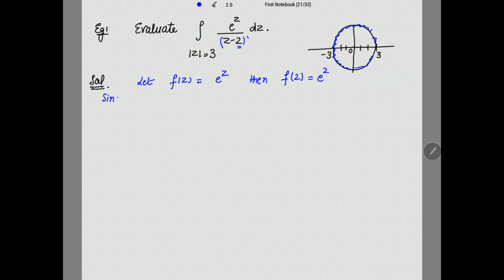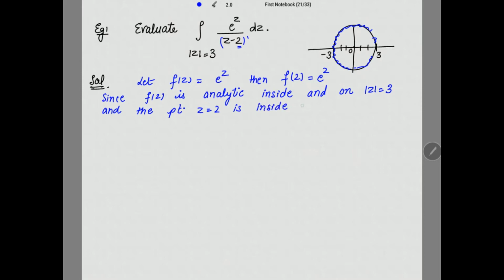So since f(z) is analytic inside and on mod z is equal to 3, and the point z is equal to 2 is inside mod z is equal to 3, by Cauchy's first integral formula we have integral over, what is our c contour?